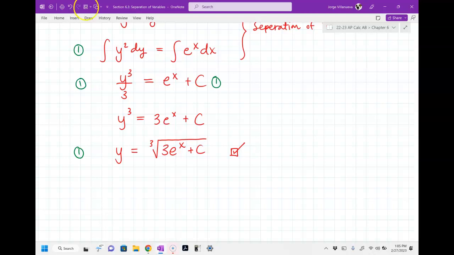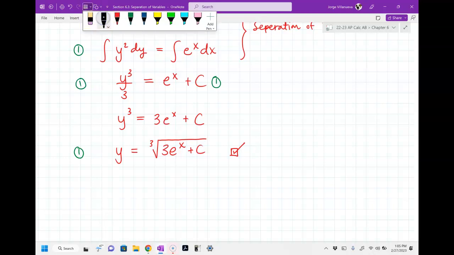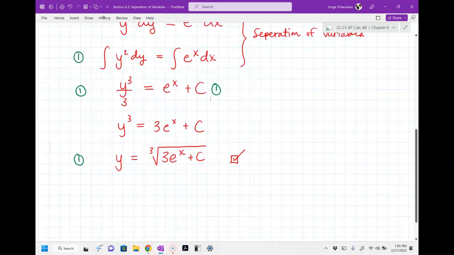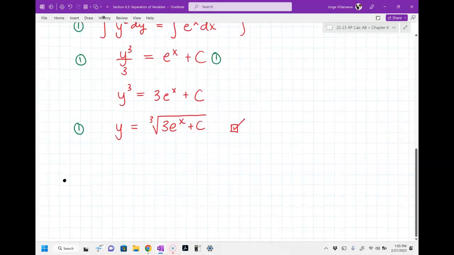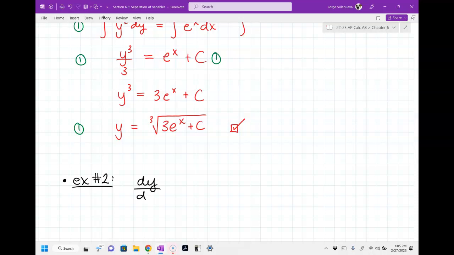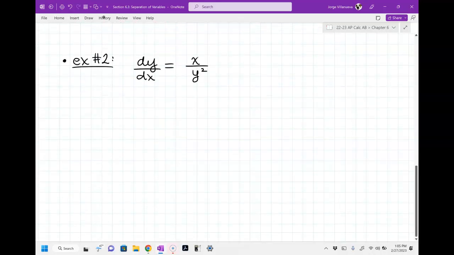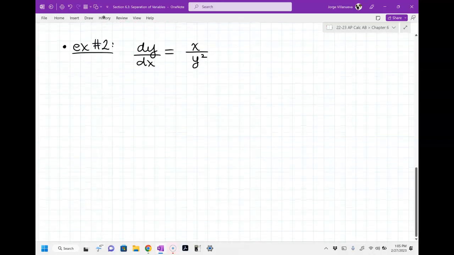All right, so let's try example number 2 here. That's going to be dy dx is equal to x over y squared.